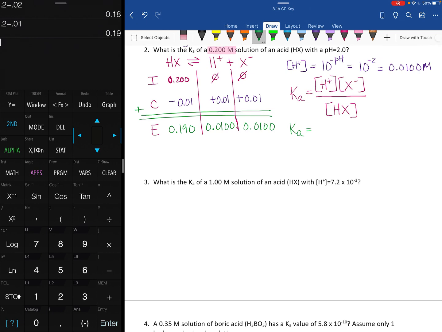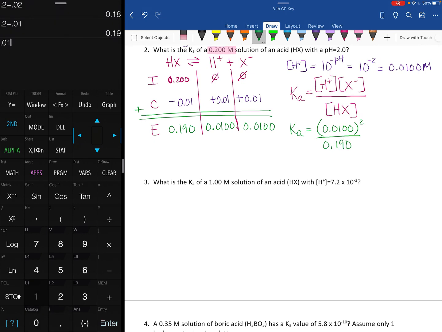So we have 0.01 twice, and so it's going to be the same as 0.0100 squared on the top. Okay, if you'd rather write them out times each other, that's fine. And then all over 0.190, I plug that into my calculator.